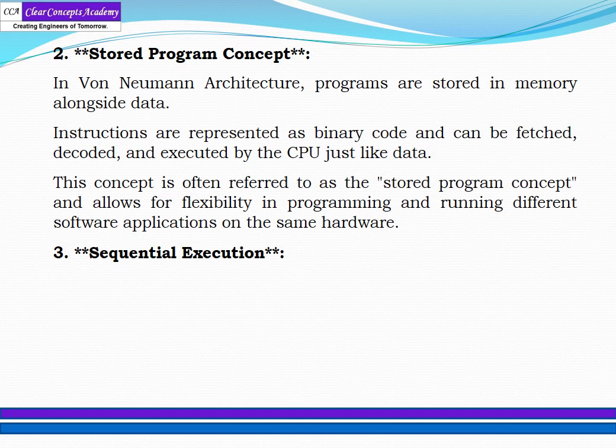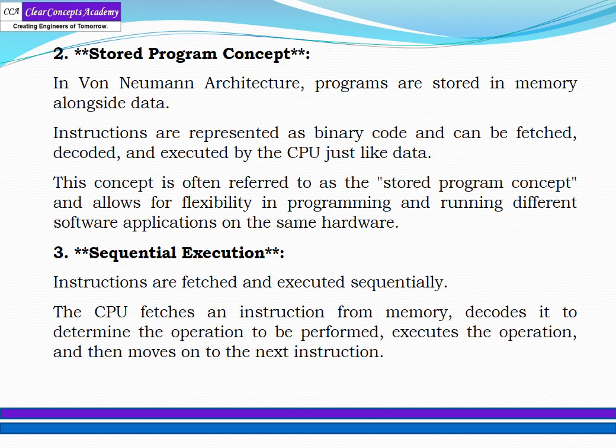Sequential execution. Instructions are fetched and executed sequentially. The CPU fetches an instruction from memory, decodes it to determine the operation to be performed, executes the operation and then moves on to the next instruction.